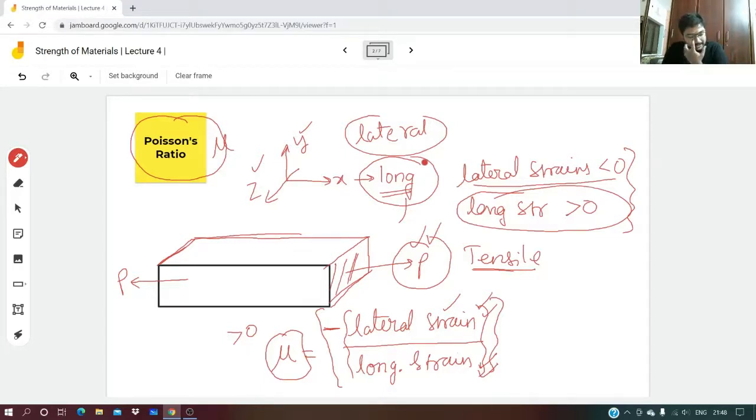Now generally for general materials, for engineering materials, just as I said now, it will always be greater than 0 for engineering materials in the sense those materials which when stretched in one direction will get compressed in other directions.